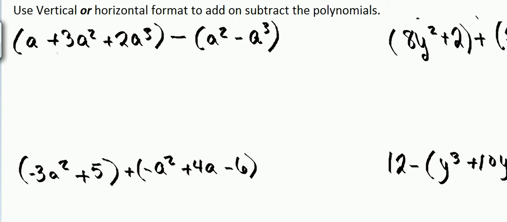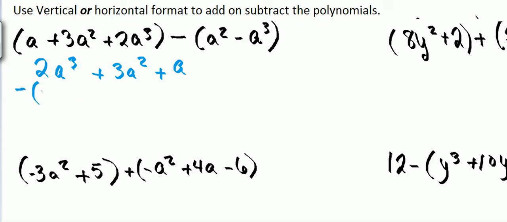So if I rearrange this first into 2a cubed plus 3a squared, I'm just taking this one, putting it in standard form, plus a, and I'm going to subtract the second term.